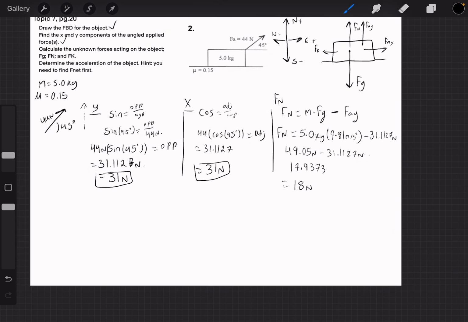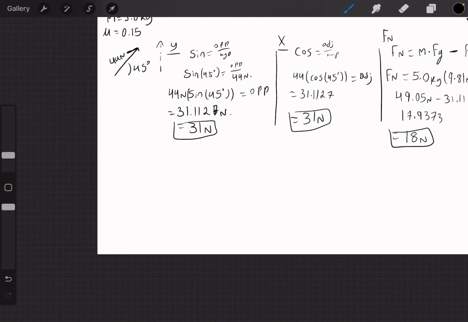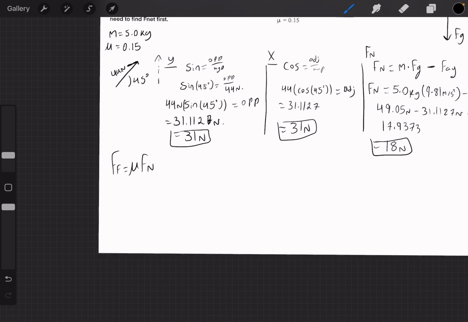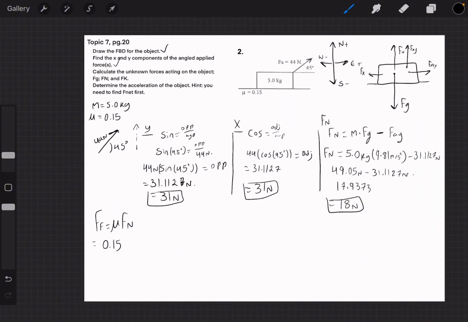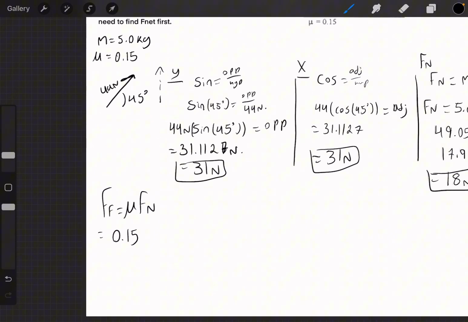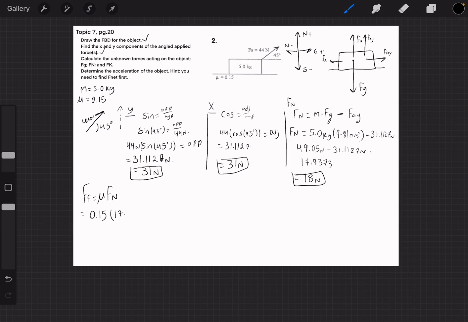Now we need to find the kinetic friction force. So let's go down over here. Force of friction equals mu Fn. So this is going to be super easy. That's equal to 0.15, our mu value from before, times our 17.9373 newtons. Let's punch that into the calculator.